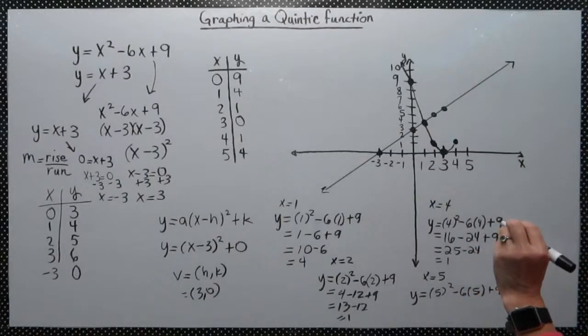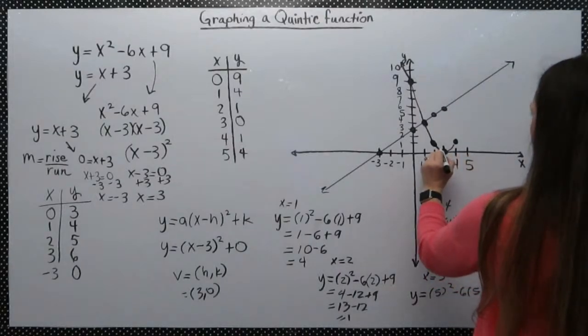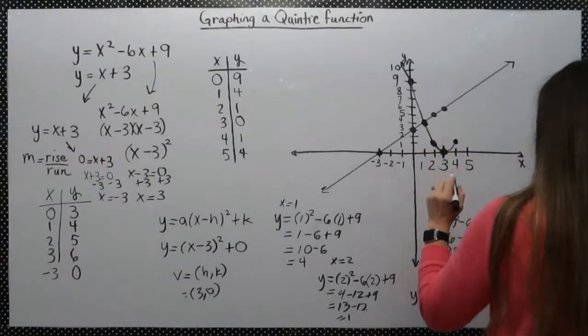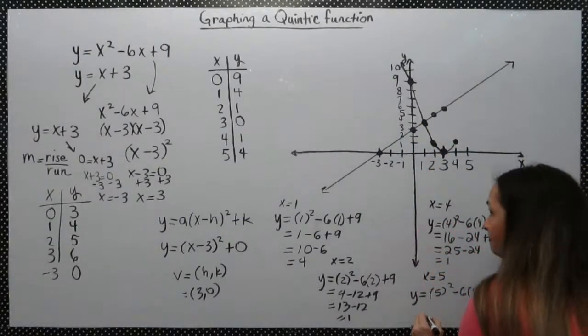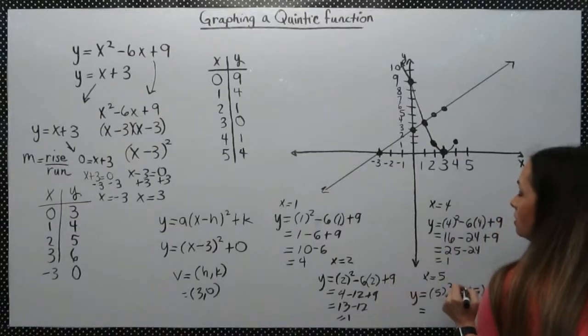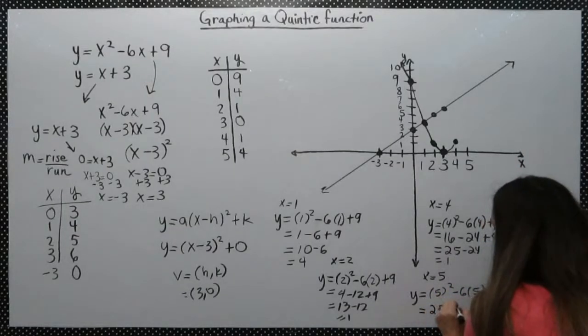So I thought it was going to be 4, so let's see if we get 4. 5 squared is 25 minus 30 plus 9.